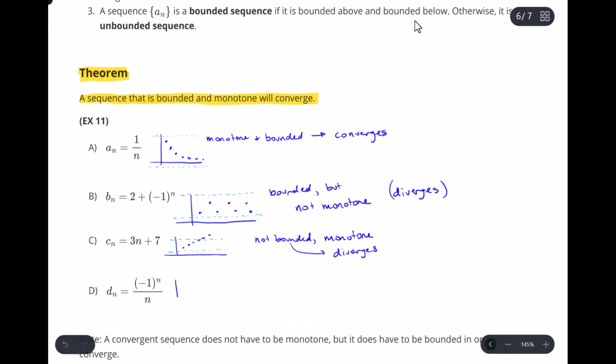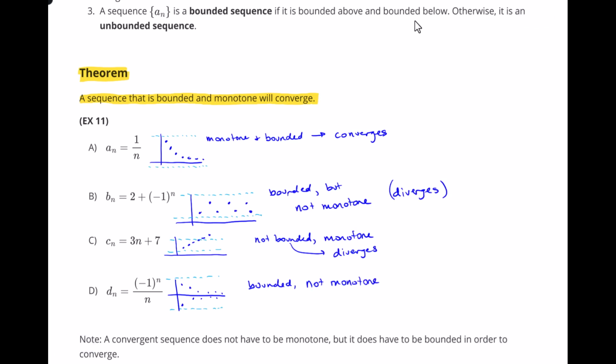So here's a counterexample to the point that I brought up earlier. Just to draw it for you, we have this sequence that looked like this. It was flip-flopping. We definitely saw that this thing was bounded, but it was not monotone. So here's the thing. Earlier, we had a sequence like this that was bounded, but not monotone.